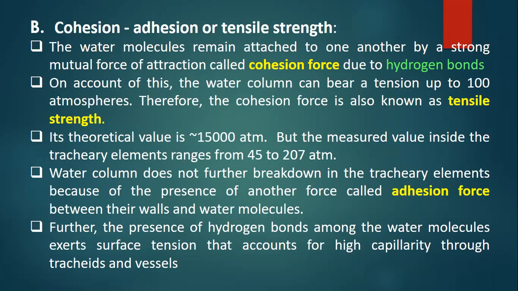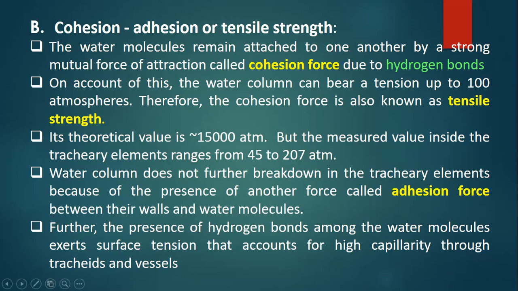Another character or property of the cohesion tension theory is cohesion, adhesion or tensile strength. The water molecules remain attached to one another by a strong mutual force of attraction called cohesion force, and this force is due to the presence of intermolecular hydrogen bonds. On account of this, the water column can bear a tension up to 100 atmospheres.